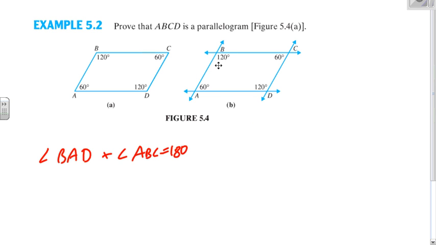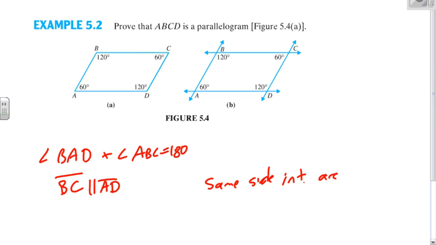They are also same side interior. So since these same side interiors are supplementary, BC and AD are parallel because same side interiors are supplementary.